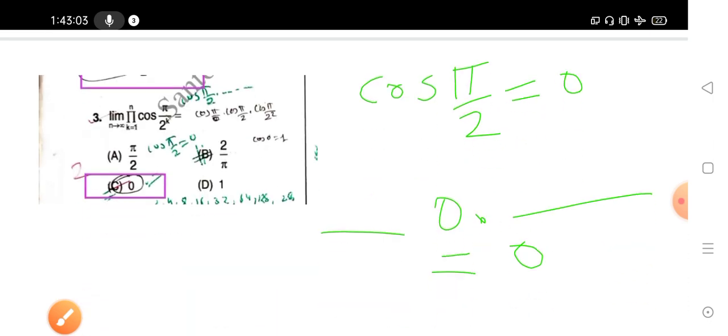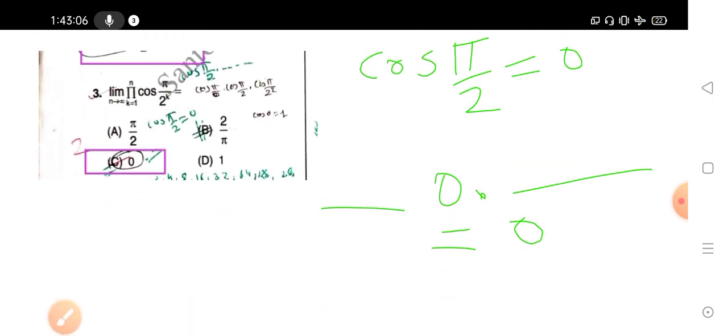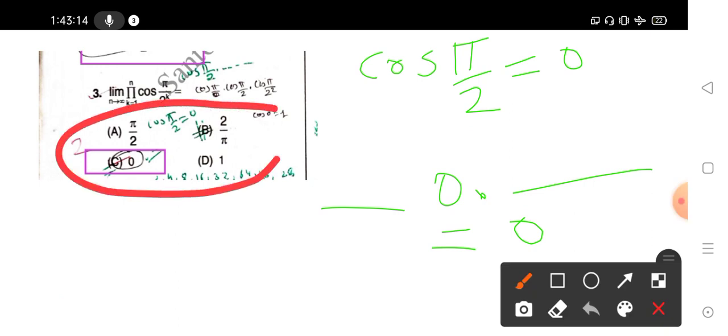Next question: limit n tending to infinity, product of k running from 1 to n of cos pi by 2 raised to k. Here options are given.